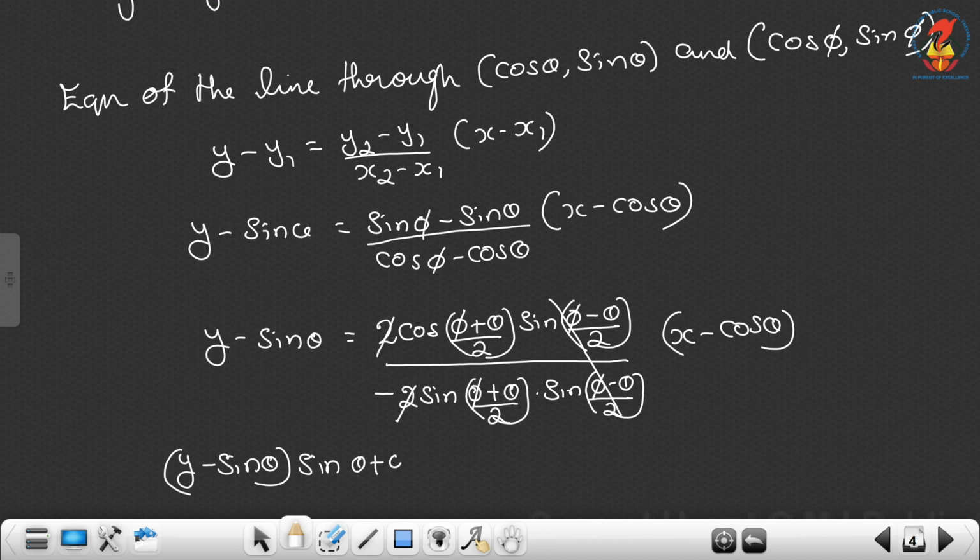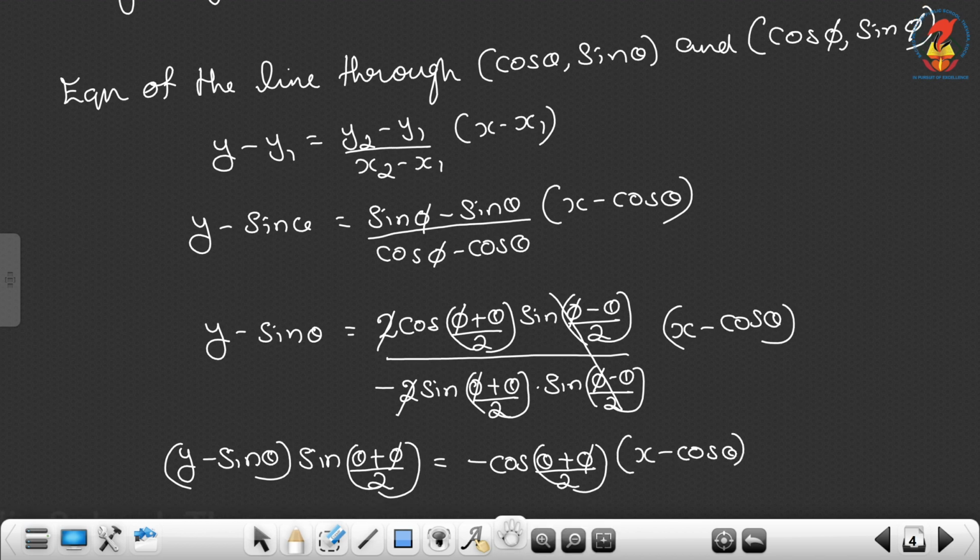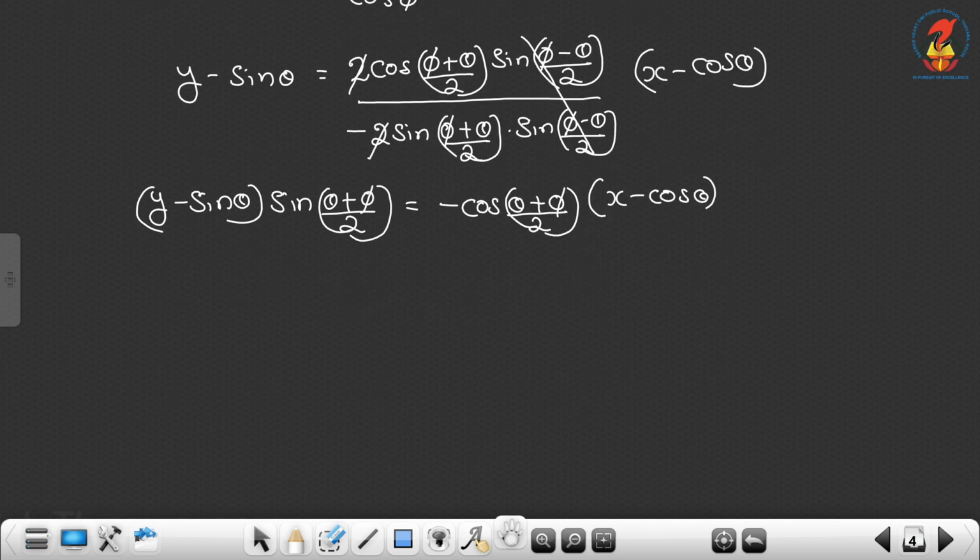sin theta, I am writing theta first, (theta plus phi)/2 is equal to minus of cos (theta plus phi)/2 whole into x minus cos theta. Now again open the bracket.